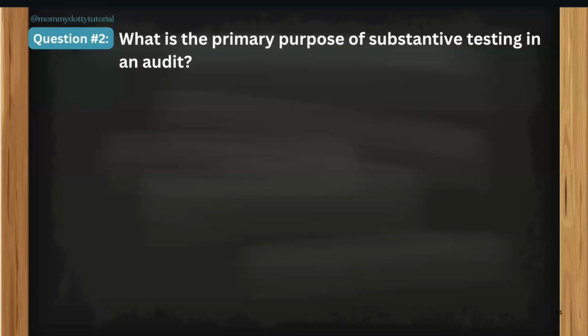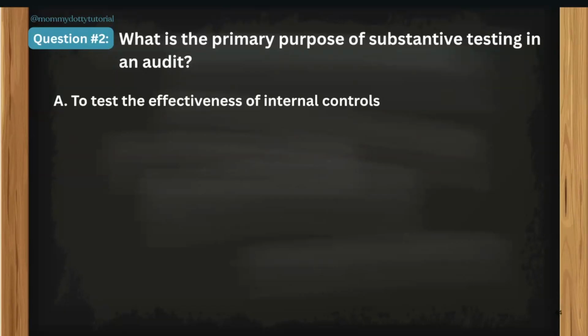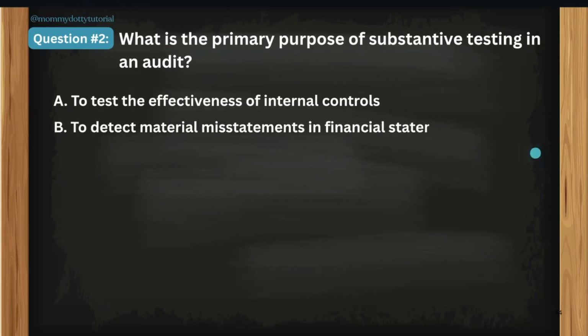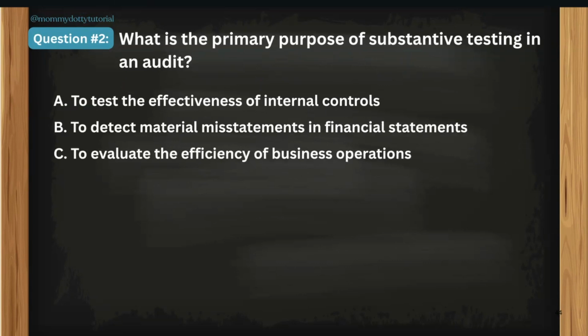What is the primary purpose of substantive testing in an audit? A, to test the effectiveness of internal control. B, to detect material misstatements in financial statements. C, to evaluate the efficiency of business operations.